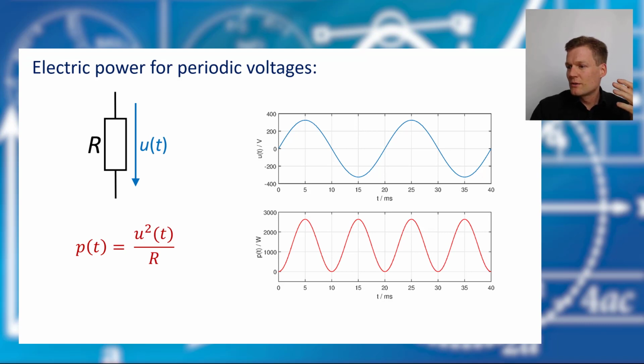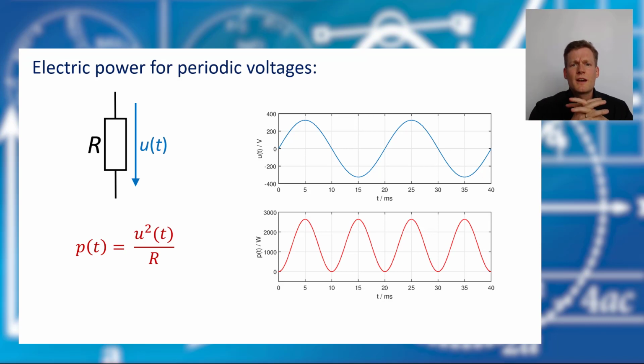Then the power reduces until we are at the 0 point of the voltage. When the voltage becomes negative, the power rises again because we take the square of the voltage. And that means even when the voltage has its minimum point, we have a maximum point at the power.